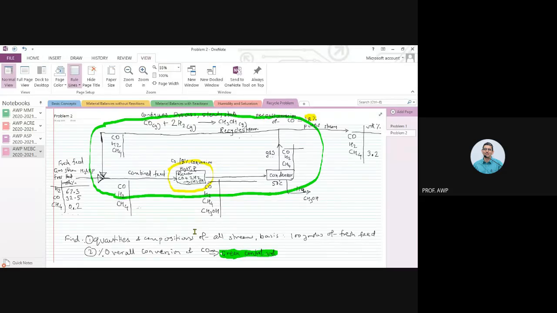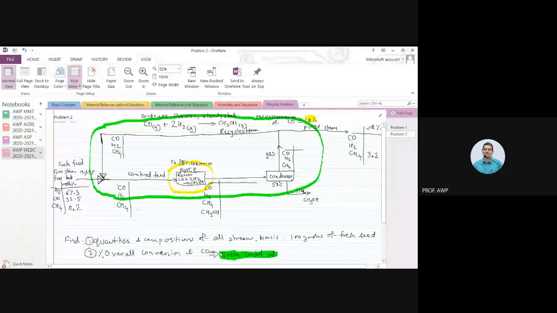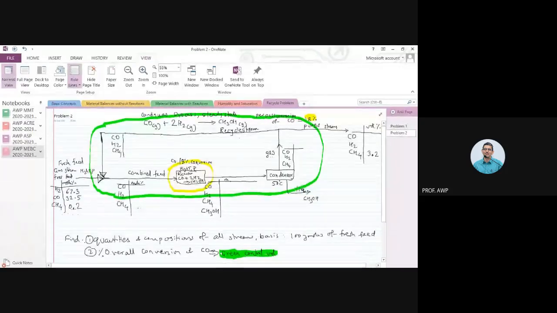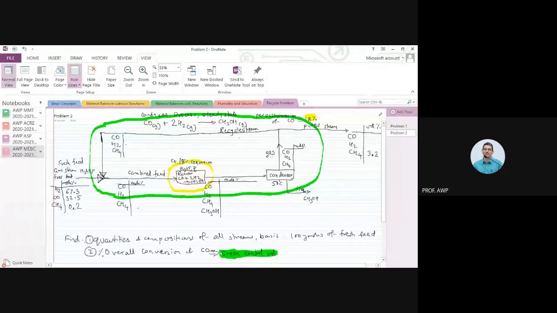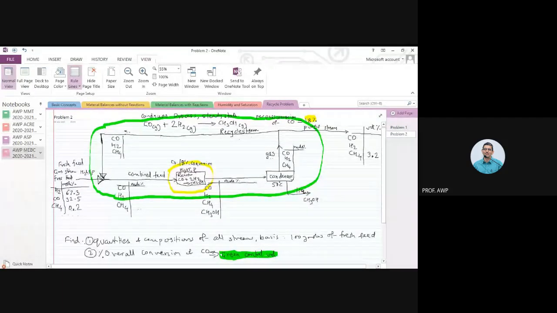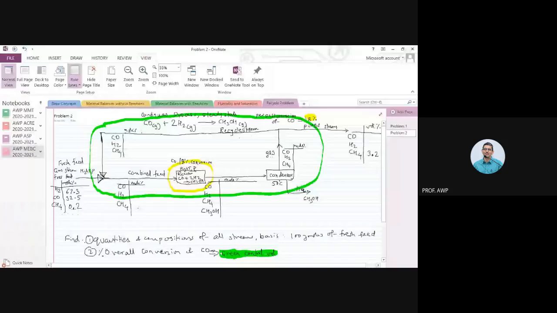If you are stuck anywhere, just ask. I might give some hints. Write the mole percent, write the total moles.